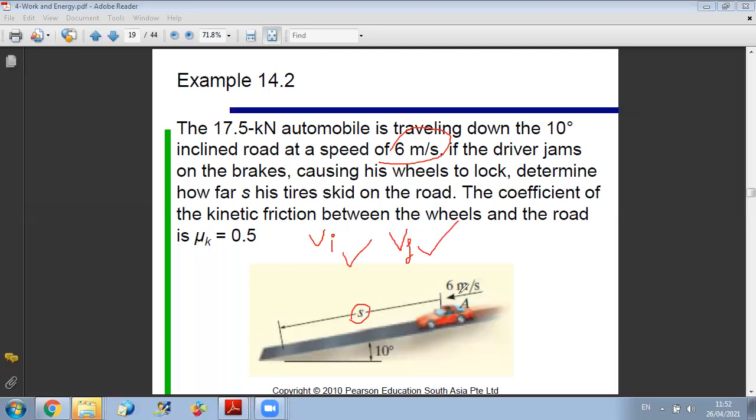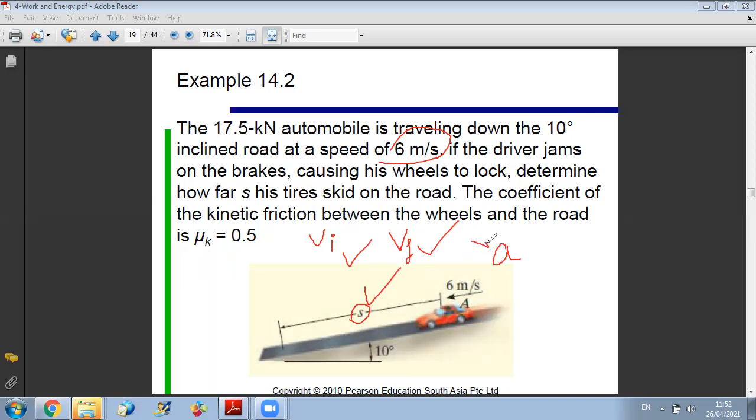Of course, you can use other methods. For example, you can tell me I can use Newton's law, find the deceleration a, and then apply the relation independent of time, v square final minus v square initial equal to 2a delta s, and I get s. It's true, but you will do several steps in this case.